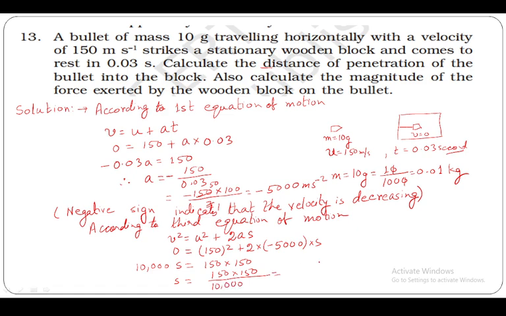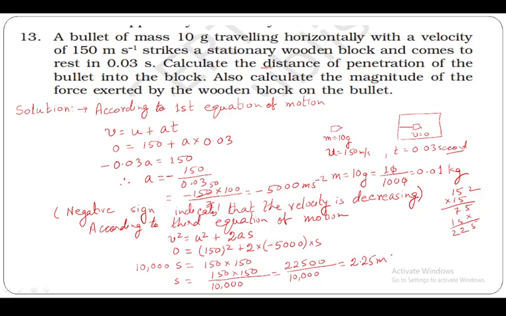If we multiply, 15 into 15 is 225, so we get 22500 divided by 10,000, and placing the decimal point we get 2.25. So the distance is 2.25 meter.